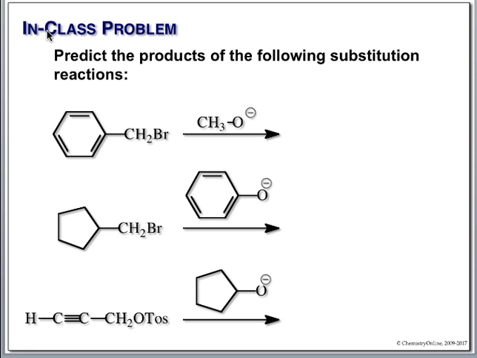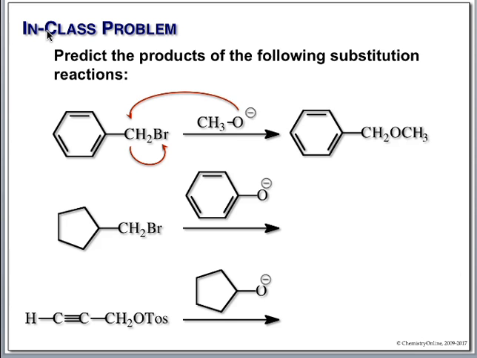For our first one, the oxyanion is simply going to attack the carbon, and the bromine will leave. When that happens, we have a new bond between the oxygen and this carbon, and we would form benzyl methyl ether. Any questions?